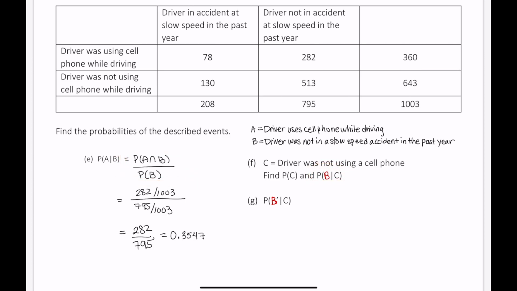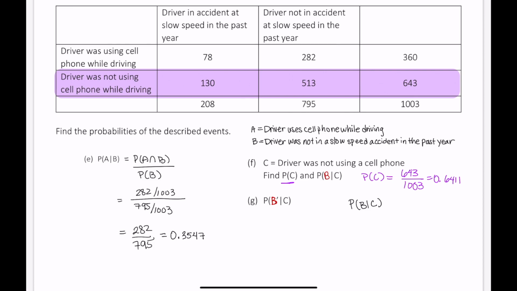So first, the probability of C. Well, let's take a look at drivers not using a cell phone. That's here. So of drivers not using a cell phone, there were a total of 643 out of 1003. This works out to be 0.6411.